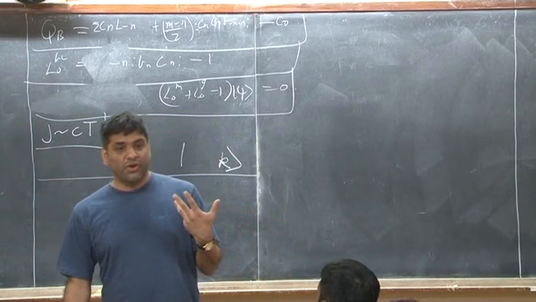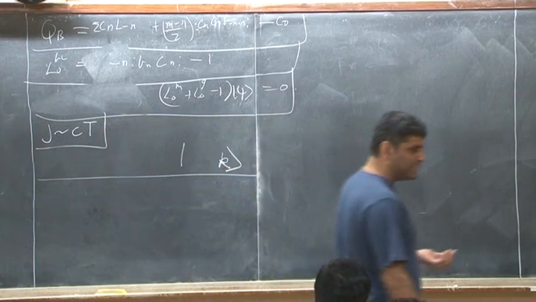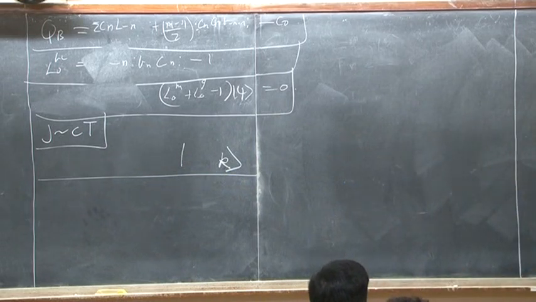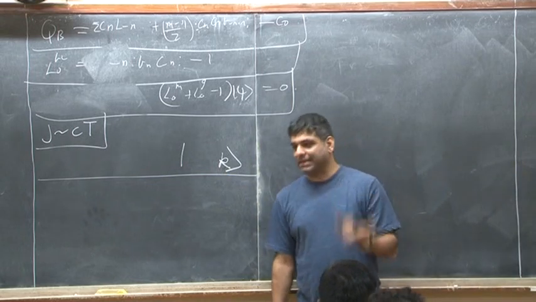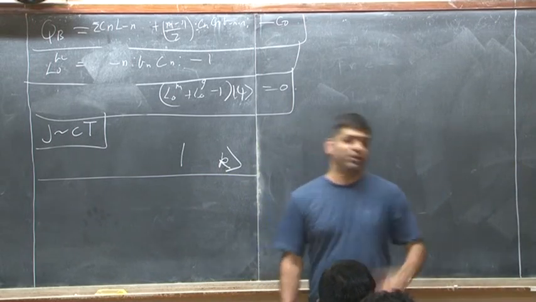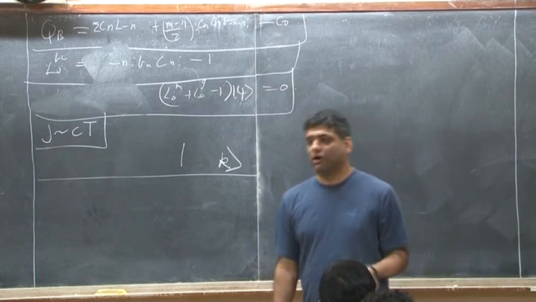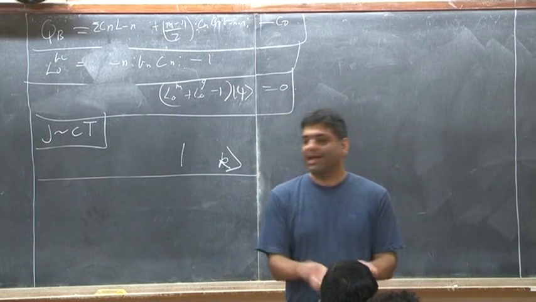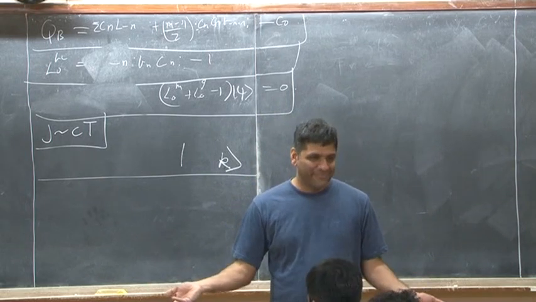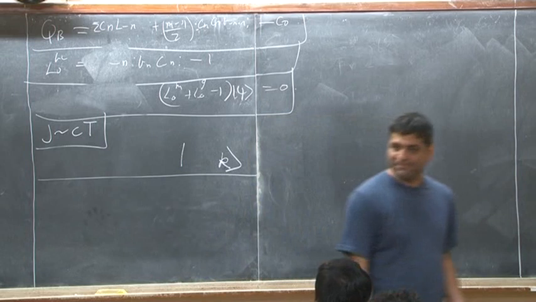Because the BRST charge does not change the oscillator number, if you had an exact state at oscillator number 0, it has to be Q BRST acting on a state at oscillator number 0. But we've seen that Q BRST annihilates all states at oscillator number 0.